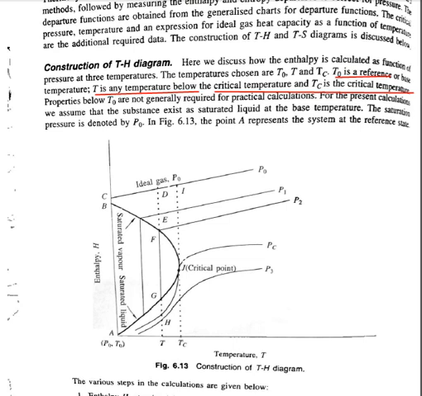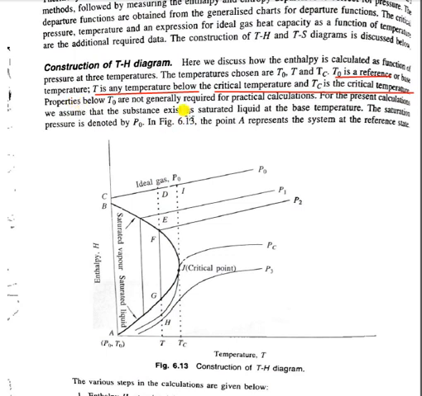Properties below T0 are not considered for the present calculation. So the substance coexists on the saturation line at the base temperature T0, and the saturation pressure is denoted by P0 in figure 6.13.